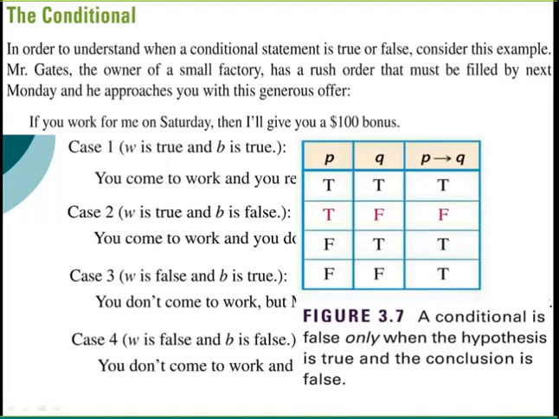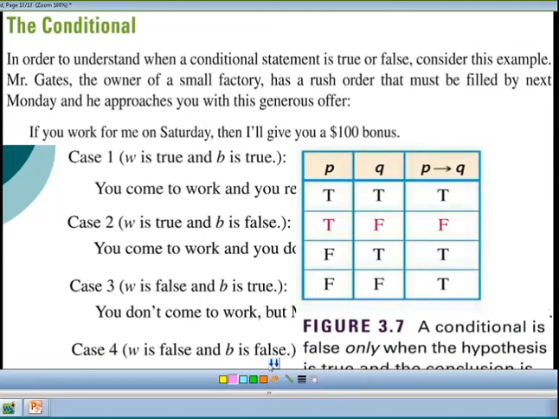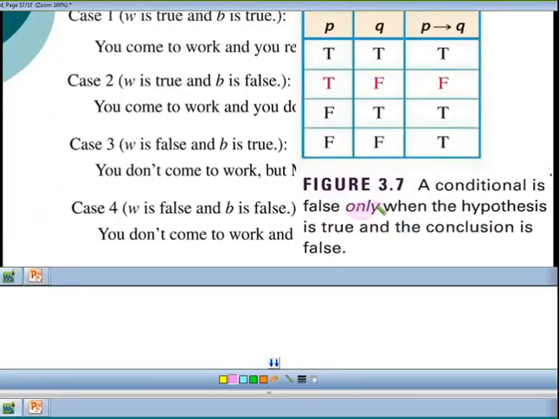The way that these conditionals work is that the statement is false only when the hypothesis is true and the conclusion is then false. So if the hypothesis is true and the conclusion turns out false, that's where you get a false statement. Notice here we've got true and true, we get true. This was false to begin with, so the conclusion doesn't matter. You're going to get a true statement because the hypothesis was false in the beginning.